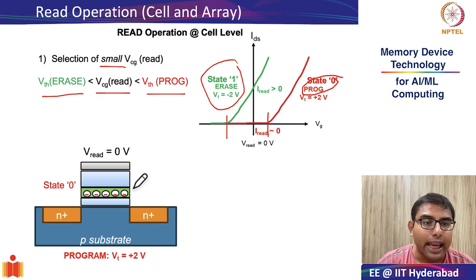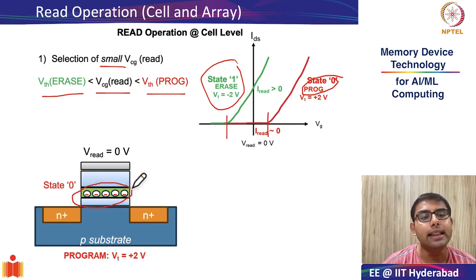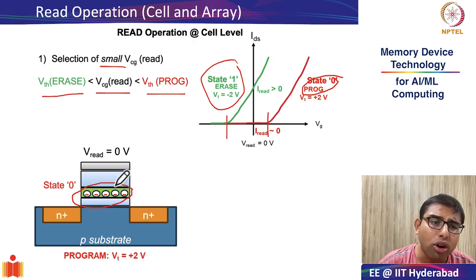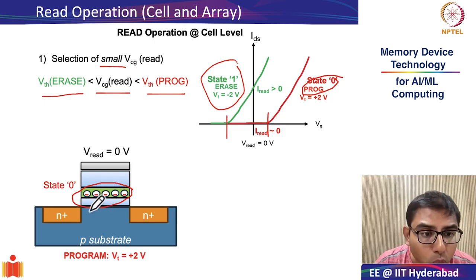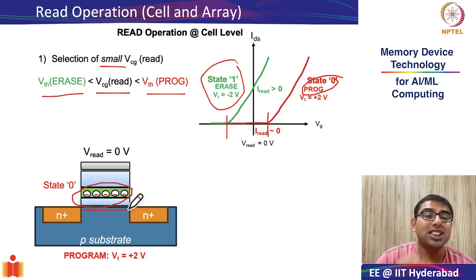This is because in the program state there are electrons stored in the floating gate of the flash cell. If there are electrons stored in the floating gate of the NAND cell, of course the threshold voltage will be significantly higher, because now the gate bias has to work harder to first remove the accumulated positive charges which were induced by the negative electrons trapped in the interface.